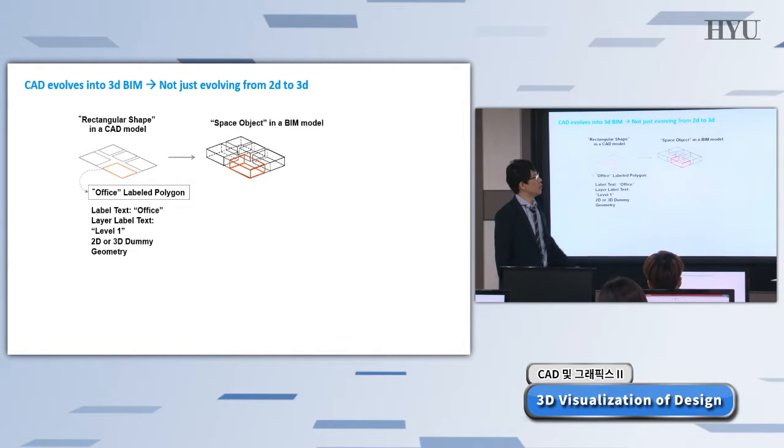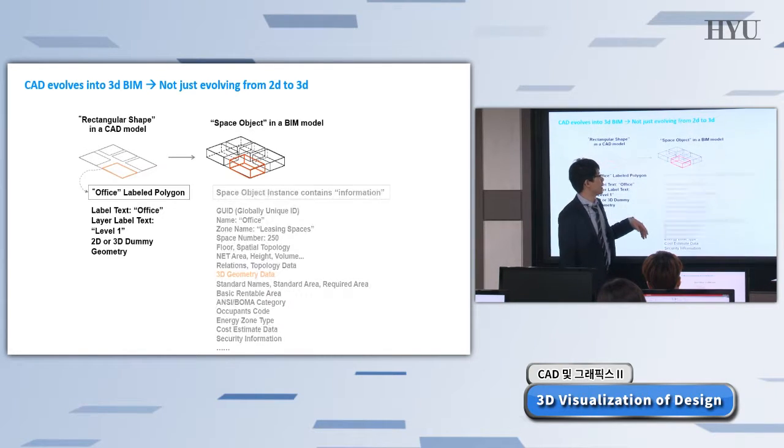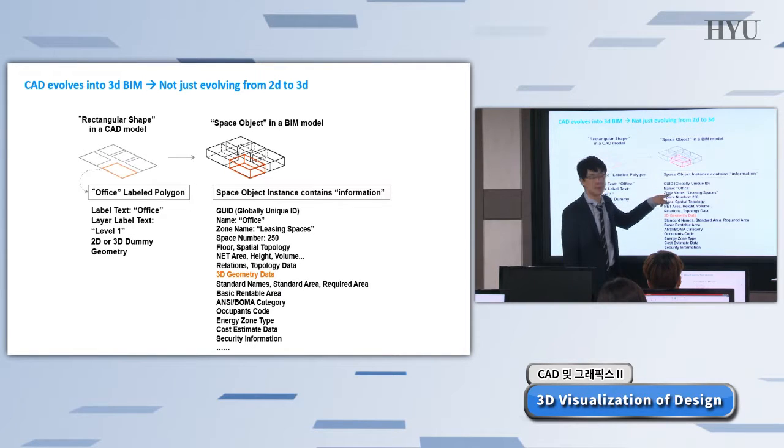But in an object-oriented approach for building design, of course, it's in 3D, and it has an amount of information related to this single object named office space, okay? So it has name office, zone name, space number, floor, area, relationship, topological data, as well as 3D geometric data, okay?